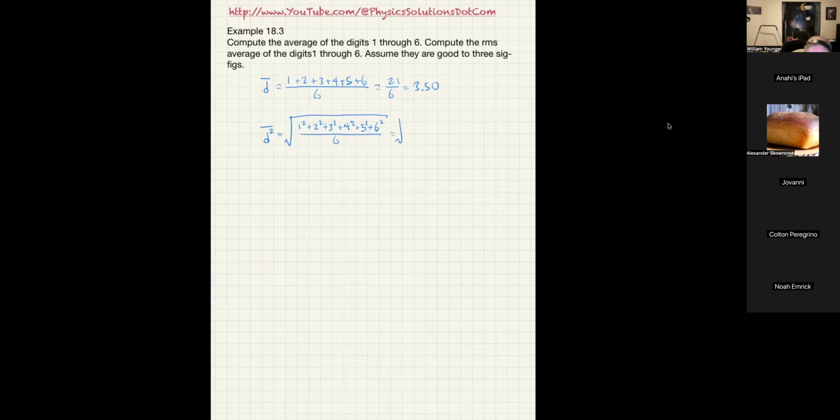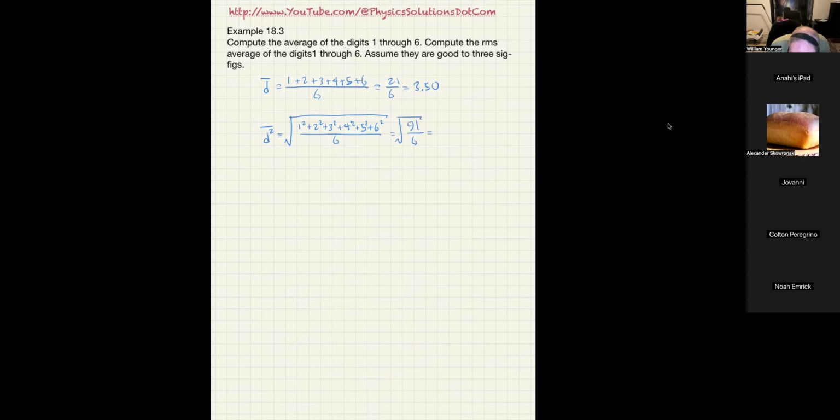Now, 1 squared is 1, plus 2 squared is 4, so that's 5, plus 3 squared is 9, 9 plus 5 is 14, plus 4 squared is 16, 16 and 14 gives me 30, 5 squared is 25, so 30 and 25 gives me 55, and then 6 squared is 36, so that gives me 91. So I've got the square root of 91 over 6.